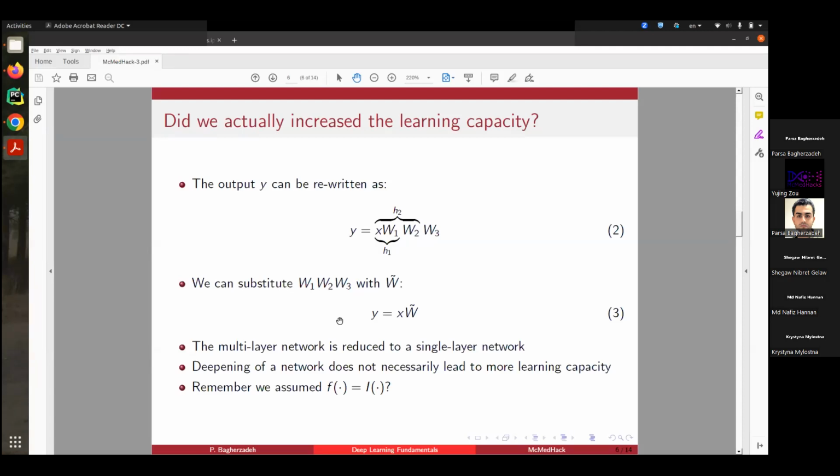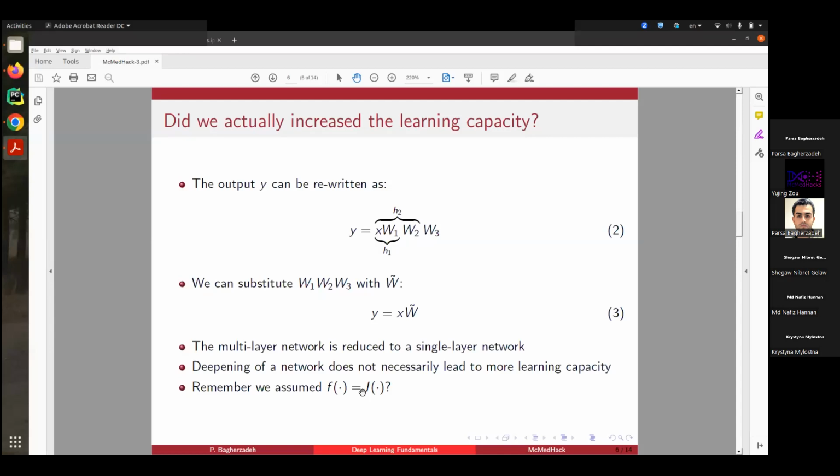As I illustrated on the TensorFlow playground, I increased the number of layers, but no success was achieved. You remember that I had an assumption at the beginning that f is the identity function. When we assume that our function is an identity function, our network would always be a linear network, would always approximate linear functions.